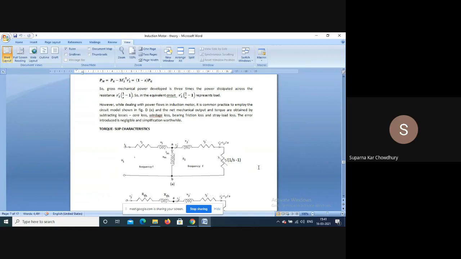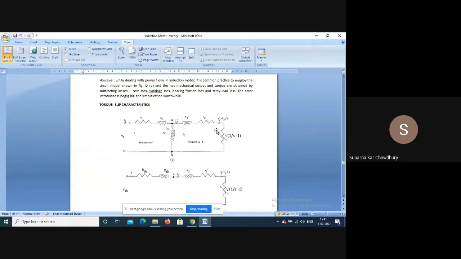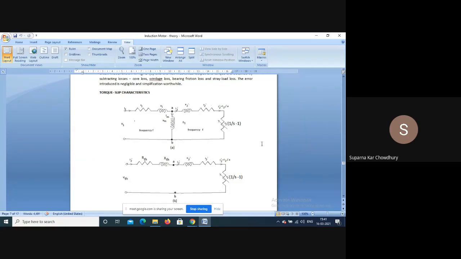Now the torque: we have seen that the mechanical power developed is the power dissipated across this variable resistance R2 dash into 1 minus S by S. Now to derive the torque slip characteristic, this equivalent circuit for this stator portion is replaced by the Thevenin's equivalent of this portion between points A and B. Now if we want to replace this original circuit by Thevenin's equivalent, the voltage between A and B will be the voltage drop across this.